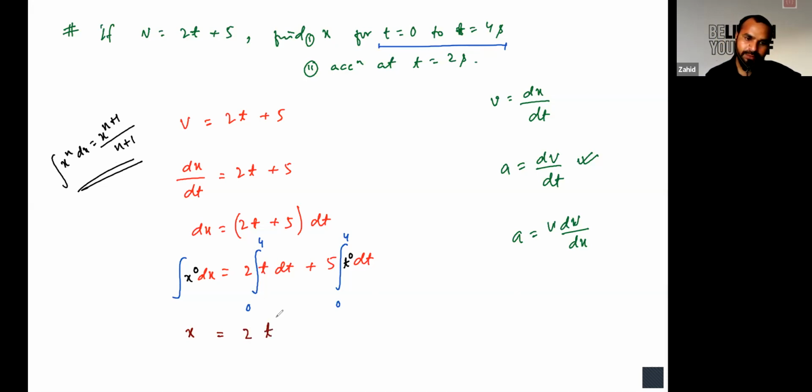On integrating, it will become t square over 2 plus 5, and integration of t raised to the power 0 is nothing but t. Here 2 and 2 get cancelled out. Put the limit from 0 to 4. So it would be 4 squared is 16 plus 5 times 4 is 20. And 16 plus 20 is nothing but 36 meter.